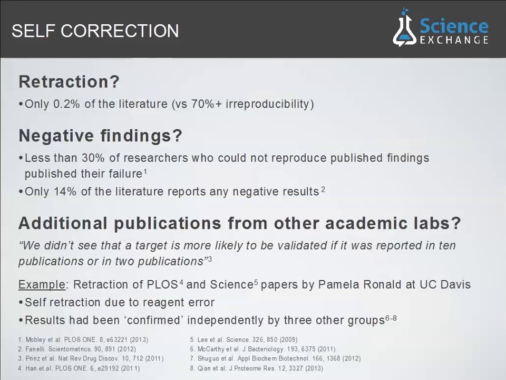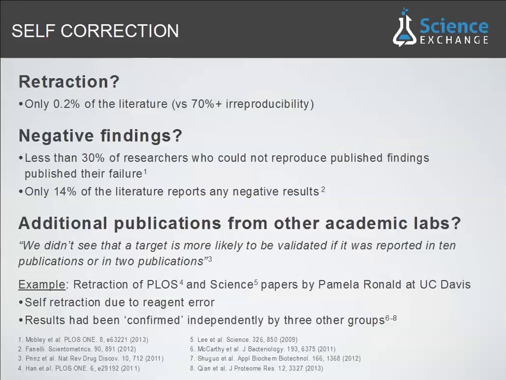Very few researchers published negative findings. Of the researchers surveyed by MD Anderson who indicated that they could not reproduce published findings, less than 30% of them published their failure to reproduce findings. And only 14% of the literature at all reports any negative results. So this suggests that we have a very strong positive publication bias.